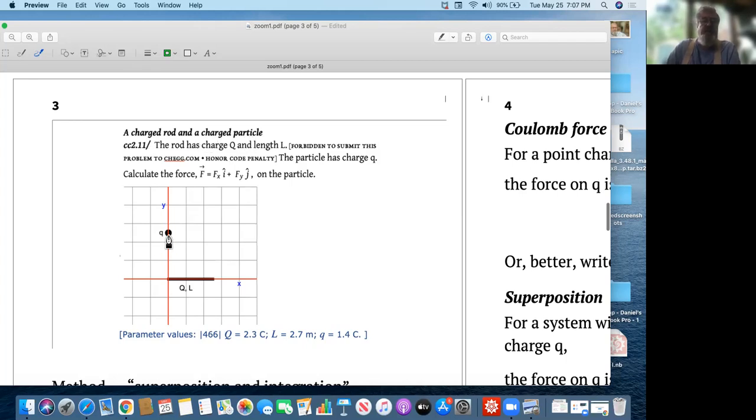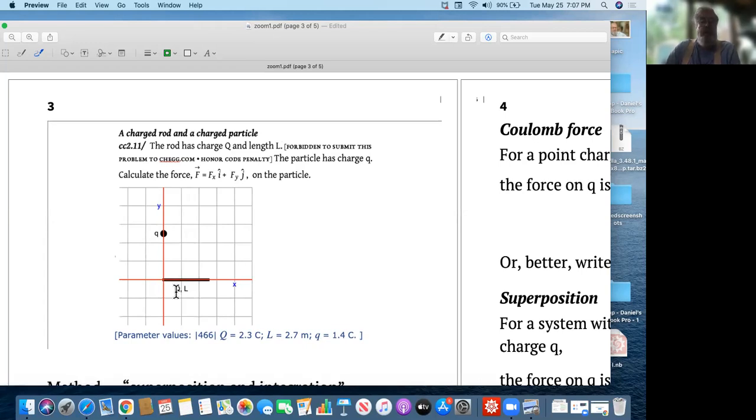So here's the charged particle, little q, and here's the charged rod, which has a total charge capital Q. So Q is 2.3 C, little q is 1.4 C. And of course, the question is calculate the force. What's the force on this particle? And you can sort of guess.